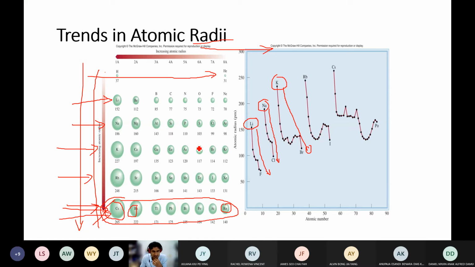That is what I was just talking about, why it should be so. But there are some ups and downs here and there.